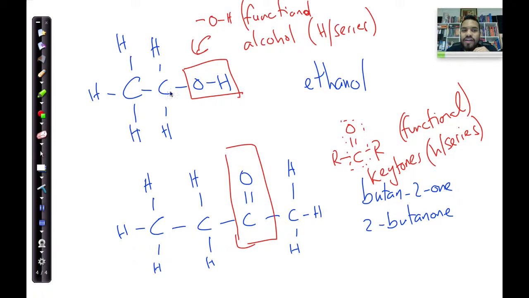Likewise, if we have a carbon bonded to oxygen bonded to hydrogen, this OH, that is the functional group, and it's called the hydroxyl functional group. Over here this is called the carbonyl functional group.